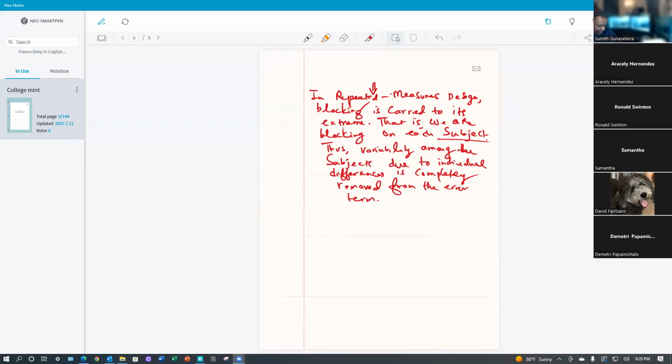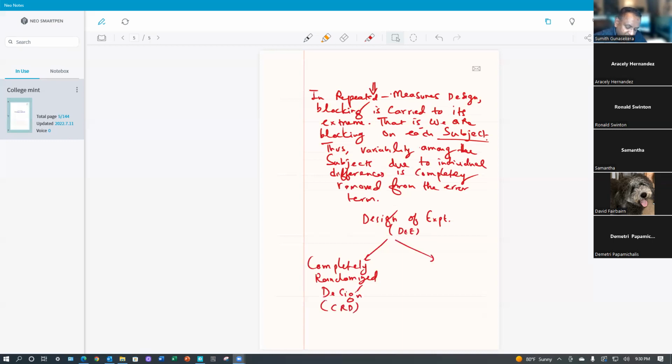No variation. That's the reason we are doing repeated measures. It's a kind of blocking design, but the blocking has been done to its extreme, pushed to the corner. So mainly in the design of experiment, DOE, we have mainly what? Completely randomized design, CRD.